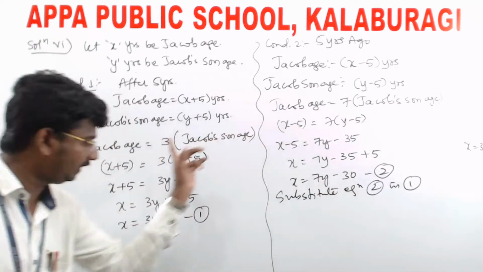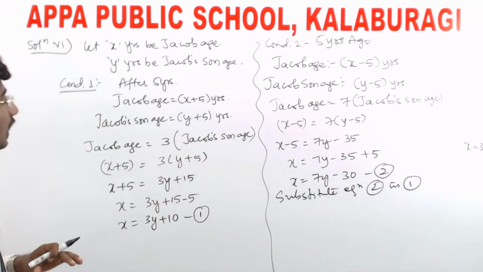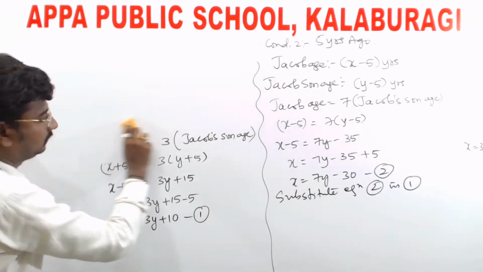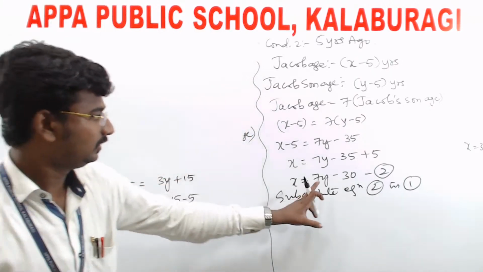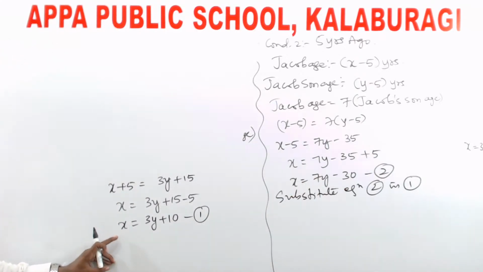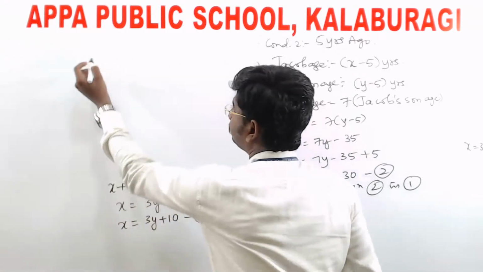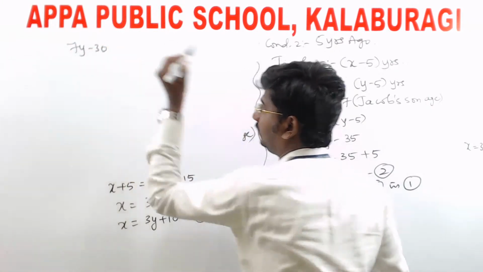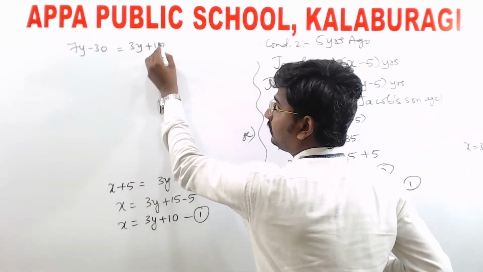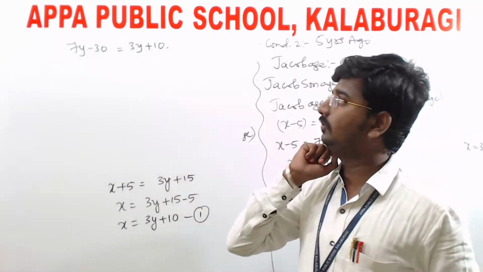But simply I am just taking 2 in 1. I can avoid negative sign here. So now what is this? Equation 2, x value 7y minus 30. I will substitute in place of x as 7y minus 30, which is equal to 3y plus 10.